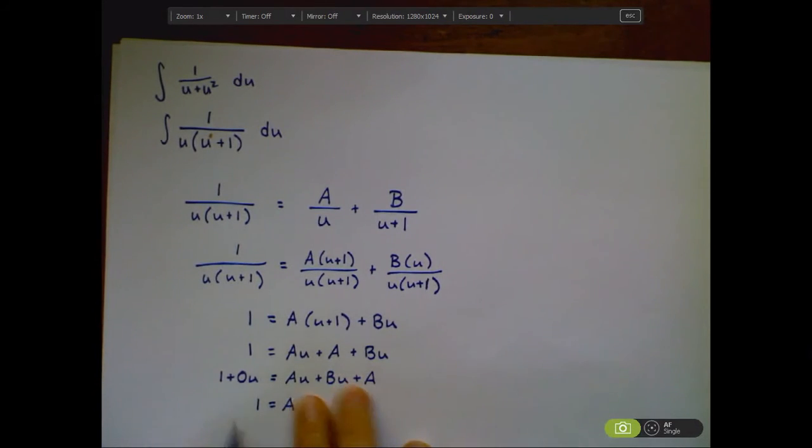And that's also saying that 0u is equal to au plus bu. We already know that a is equal to 1, so negative 1 is equal to b. So these are our values for our partial fractions.